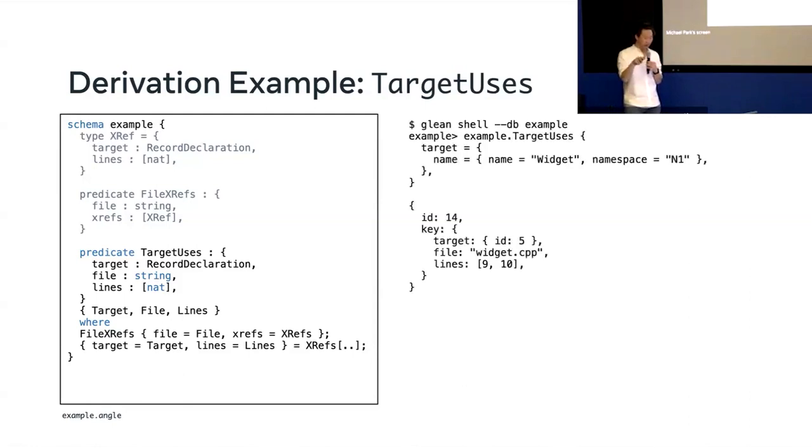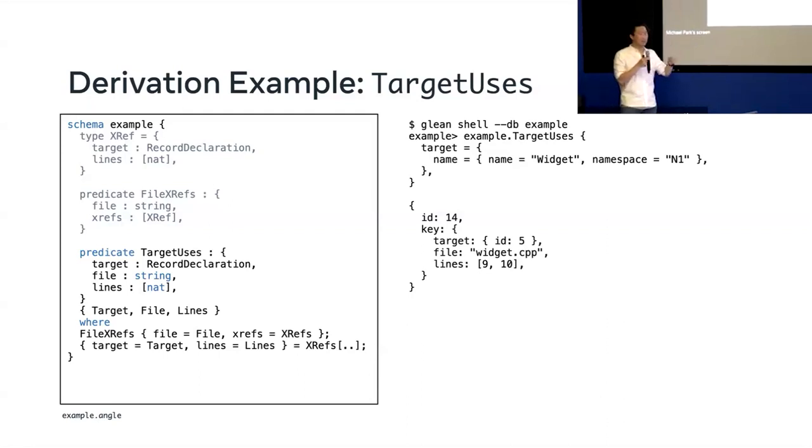Concretely, if we do a query on target uses on a specific N1 widget target, right? It's going to scan through all of the xrefs, and every time it finds the target, it's going to reverse the xref and then collect that so that we can see N1 widget is referenced from widget.cpp lines 9 and 10, right?